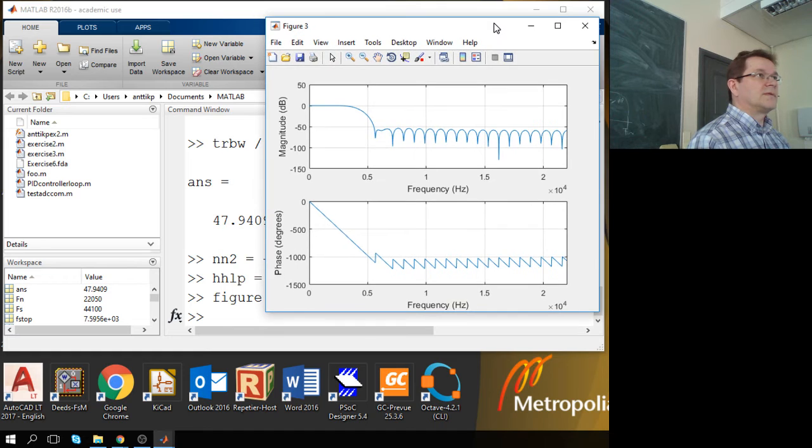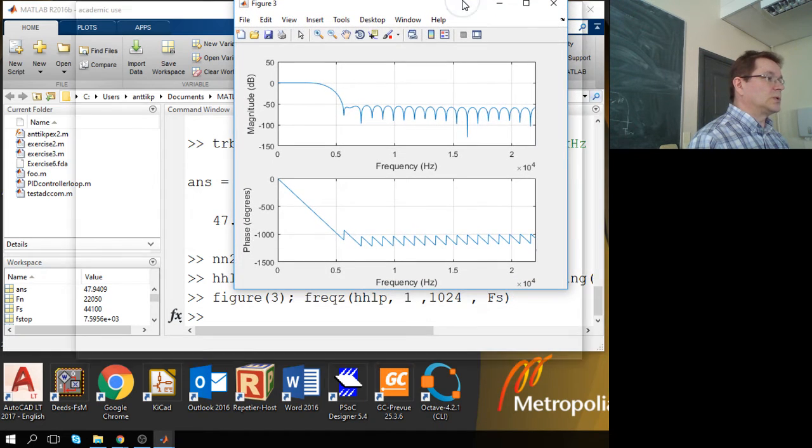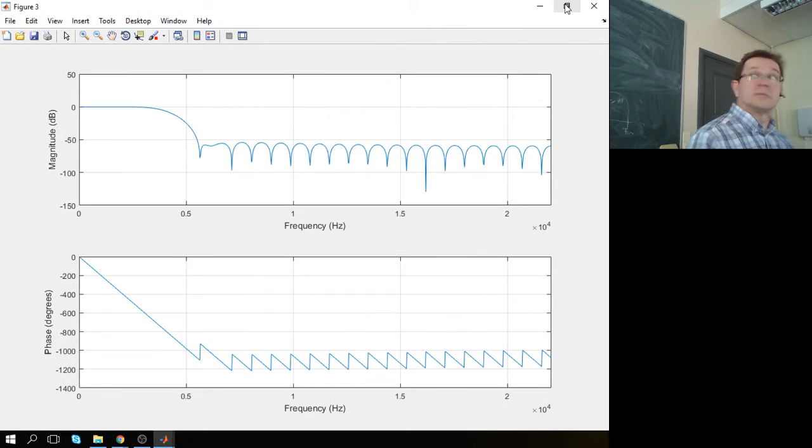All right, so this one starts to look like a low pass filter.